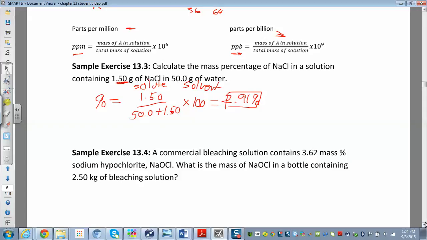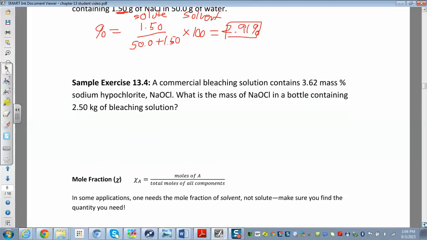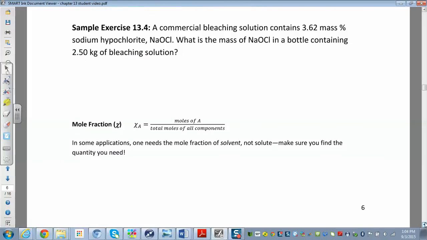Here's another example down here. A commercial bleaching solution contains 3.62 mass percent sodium hypochlorite. What's the mass of the sodium hypochlorite in a bottle containing 2.5 kilograms of bleach solution? All right, kilograms. We may have to convert these kilograms to grams. So this mass percent, remember what that mass percent means again.